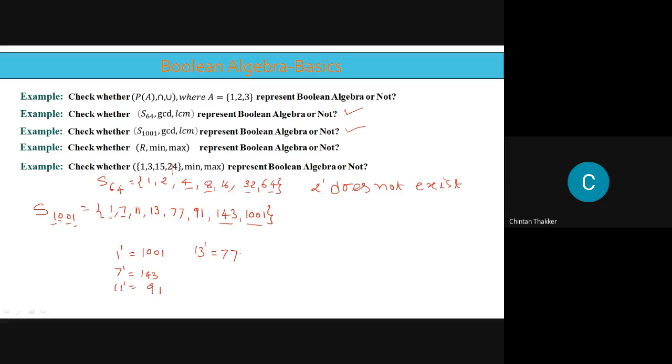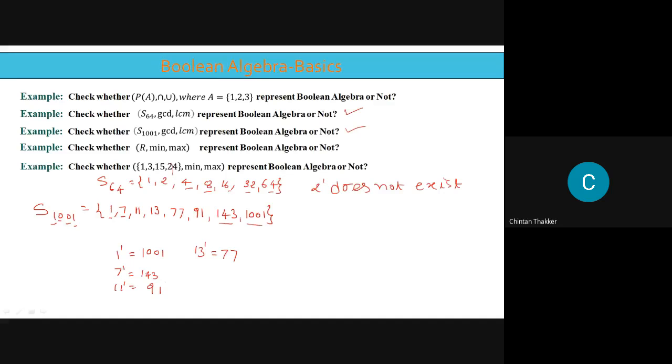So all elements have a complement. Therefore, the set is complemented, so it is a Boolean algebra. Okay, so this is a Boolean algebra.